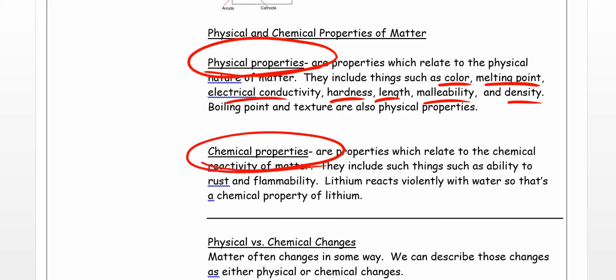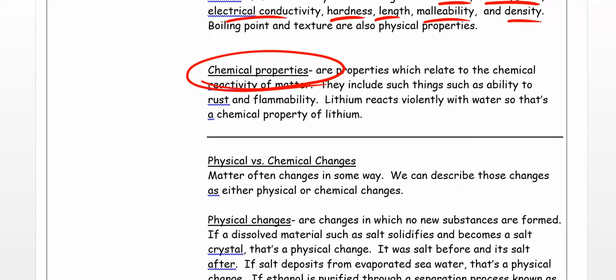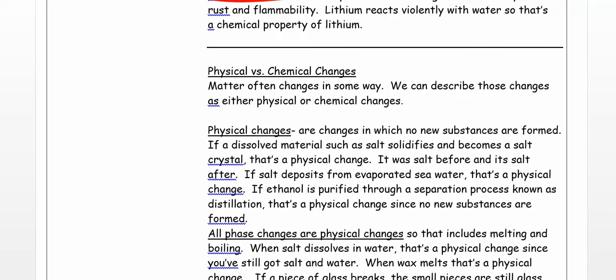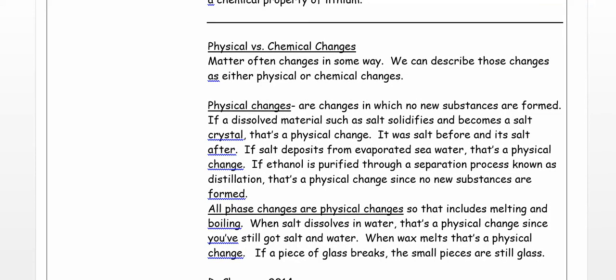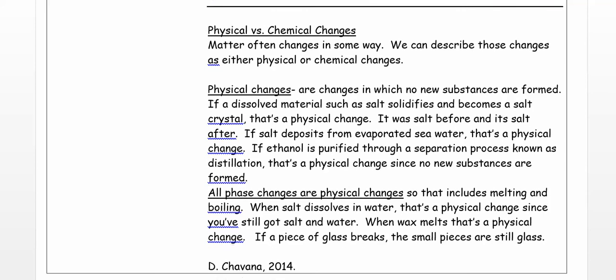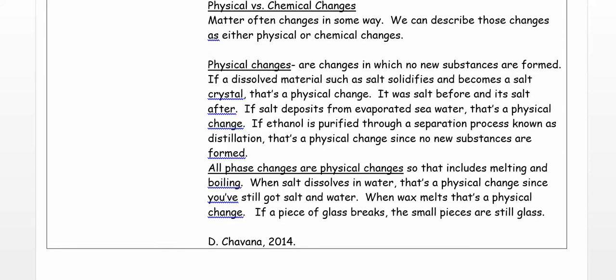Now let's talk a little bit about physical versus chemical changes. Well, matter often changes in some way. We can describe these changes as either physical or chemical changes. So let's talk a little bit about physical changes first. Physical changes are changes in which no new substances are formed.